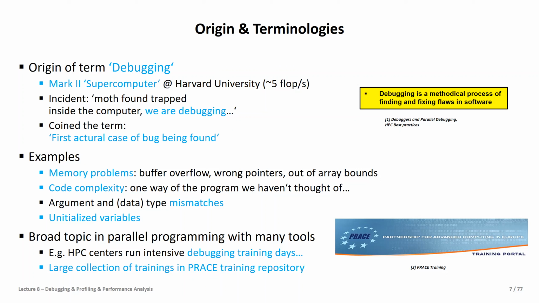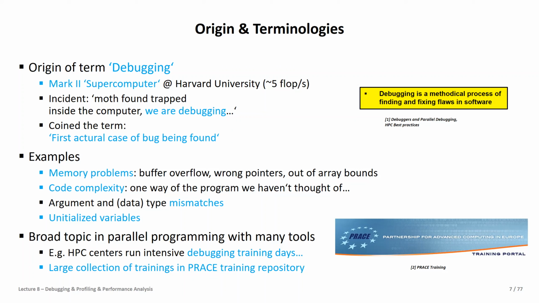The name debug comes from the fact that once a moth was found trapped in a computer, and they had to remove it, and then it was working better. So this was really the first bug found, so to speak, and of course it sticks to us today.